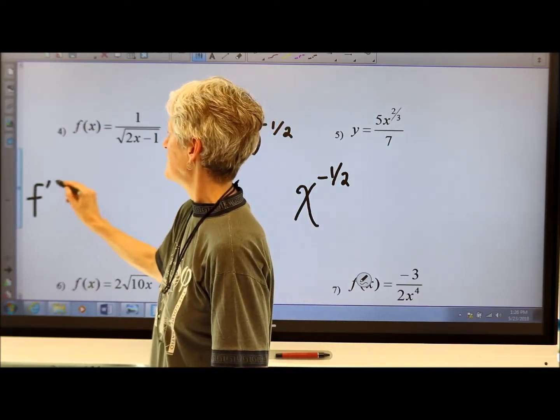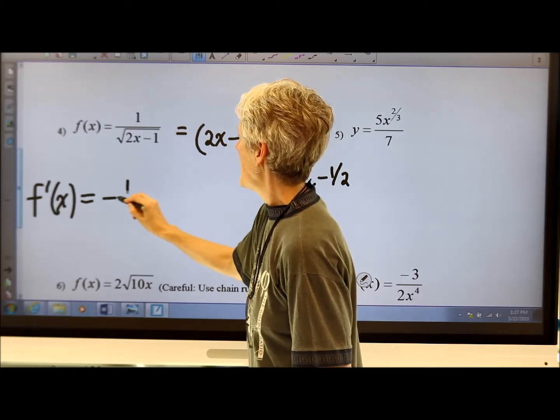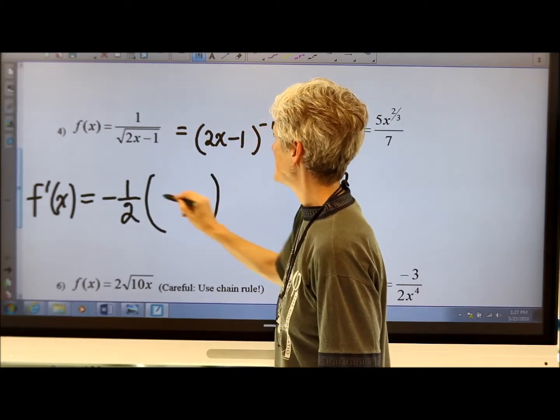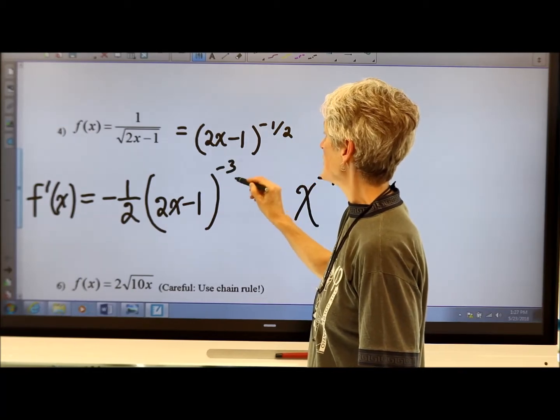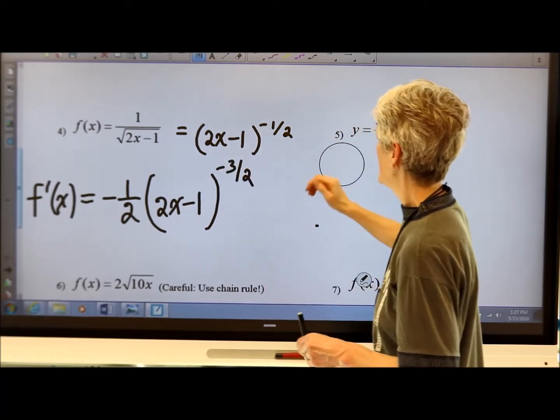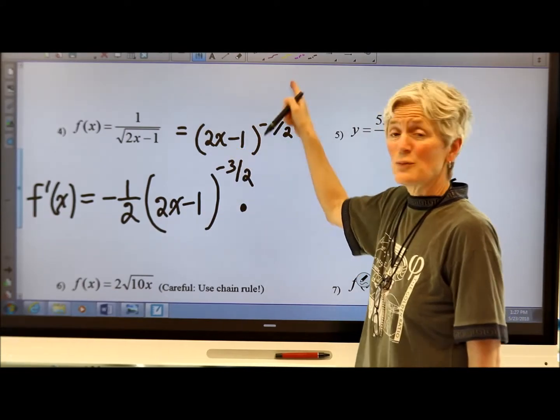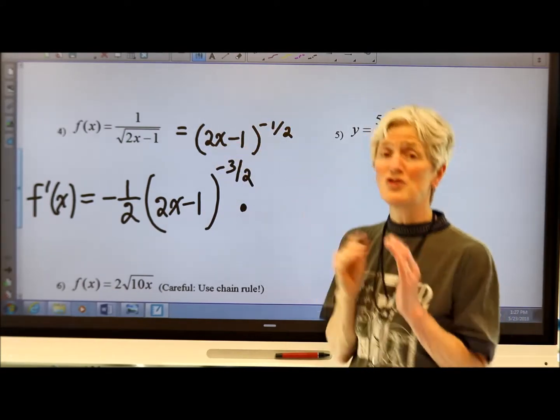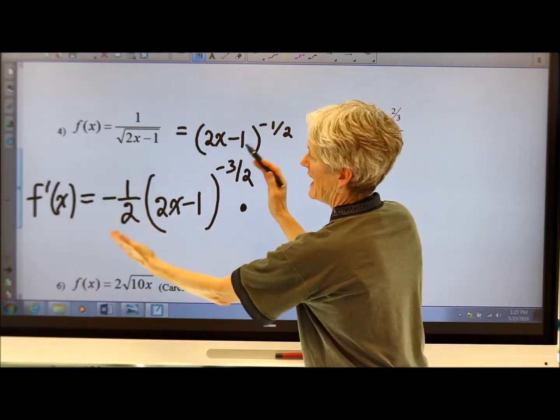Derivative of f of x is f prime of x. Big power rule. Negative 1/2 times that all as it is, raised to the negative 1/2 minus 1, which is negative 3/2. But it's not just a simple x raised to a power, it's a function raised to a power. So this is the derivative of the outside.